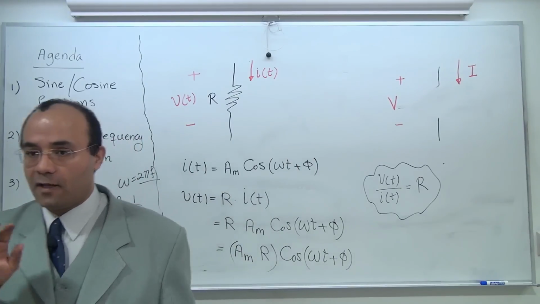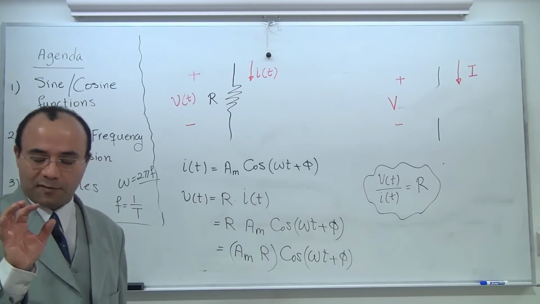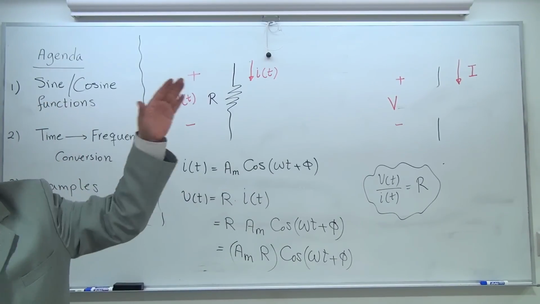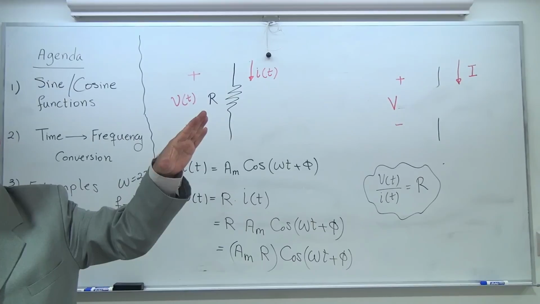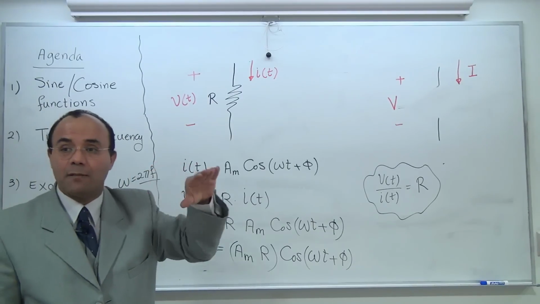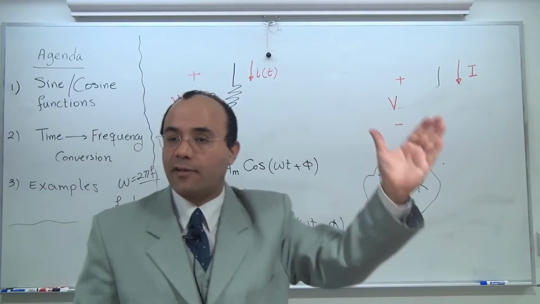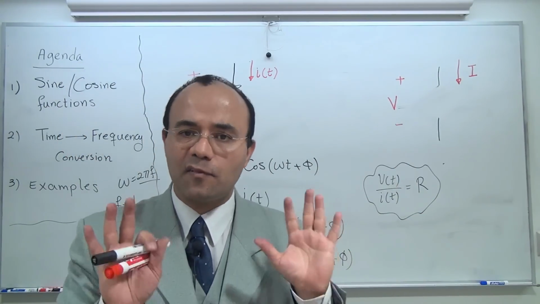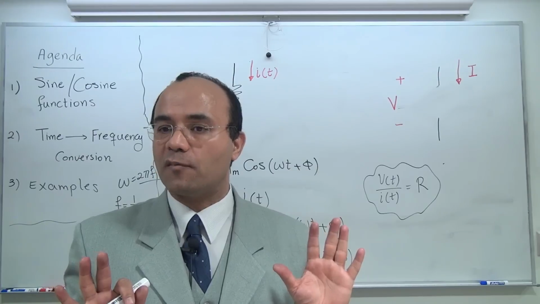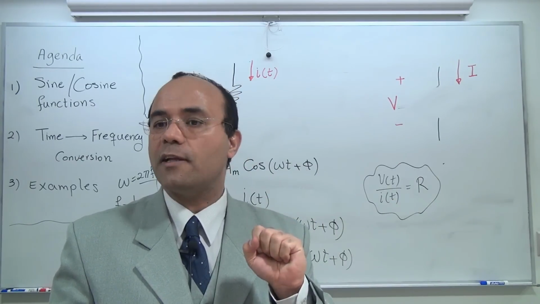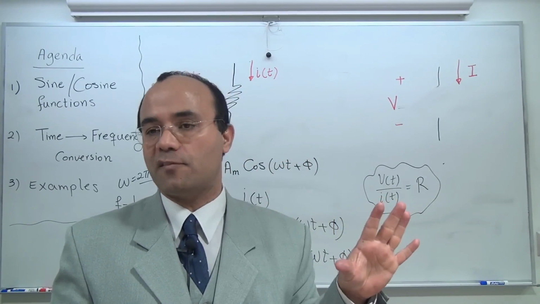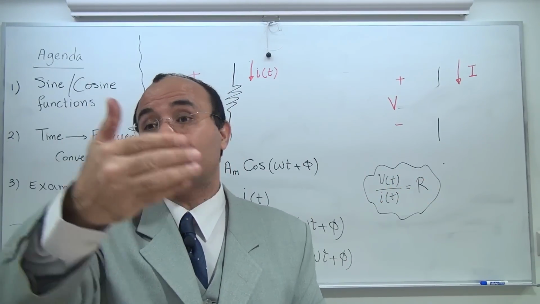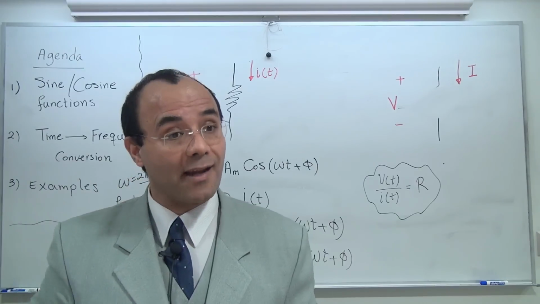I know that when I apply to the system a cosine function, I'm only interested in the real part. Because I'm interested in the real part of all the voltages and all the currents of all the components, let's have peace with this process. Let's remove the real part and just look at the complex number, do the analysis, keeping in mind that at the end of the day, I'm going to pick up a real part.